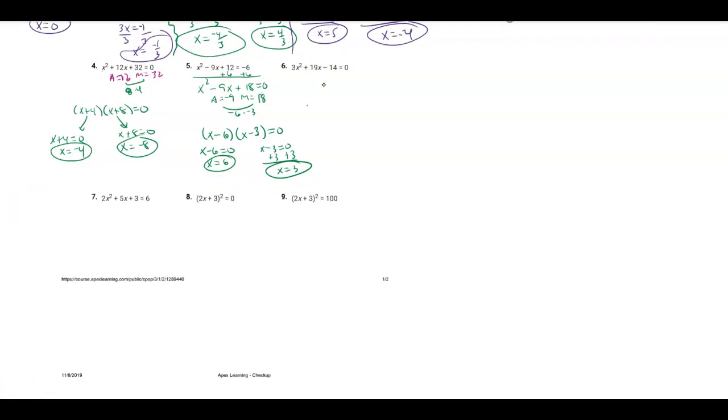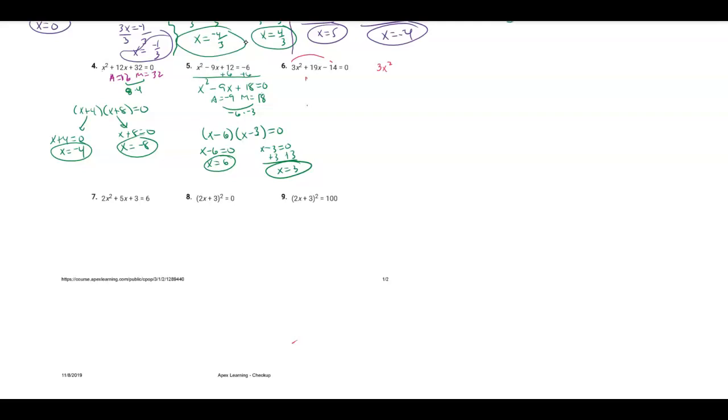So in example 6, there's no GCF, right? So what we have to do is use that AC method. When we do the AC method, remember, we multiply 3 and negative 14 and rewrite this as 3x squared.